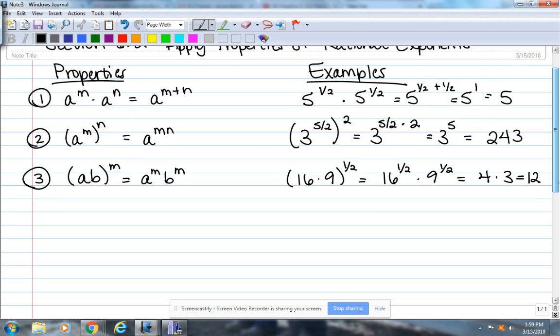Okay, another exponent property deals with negative exponents. We went over one similar to this in your homework. What do we do with a negative exponent? So that's all in a numerator, so I make it 1 over a to the m power.